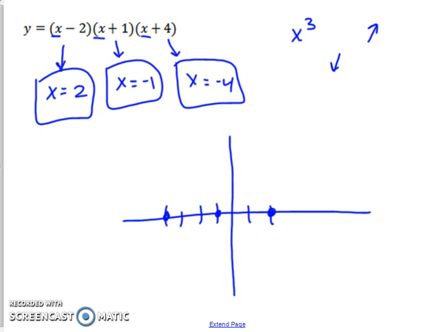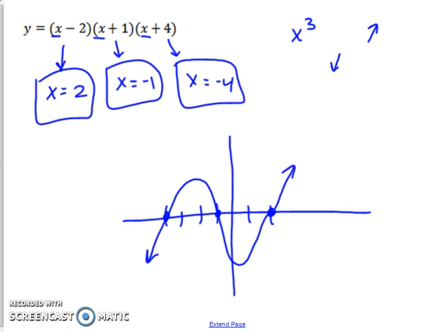They go in opposite directions, and they end positive. So when I fill this graph in, this is going to start here, it's going to end here, and then we can fill in the rest of the shape. So we don't need the turning points here. We're not trying to be very specific. We're just trying to do a quick sketch of this.